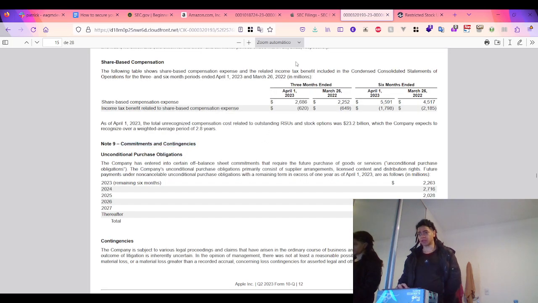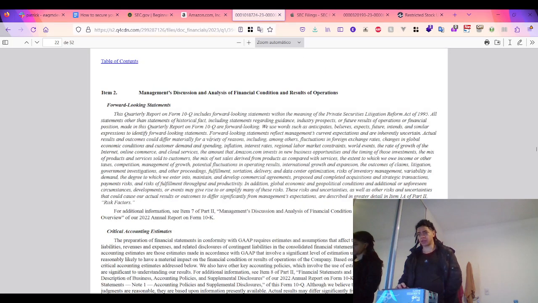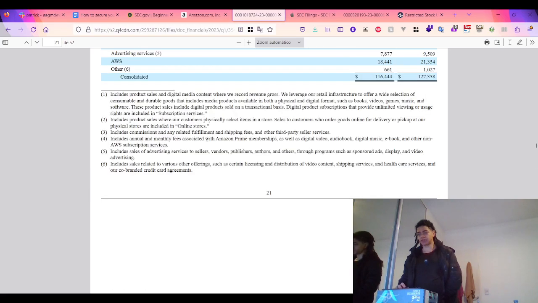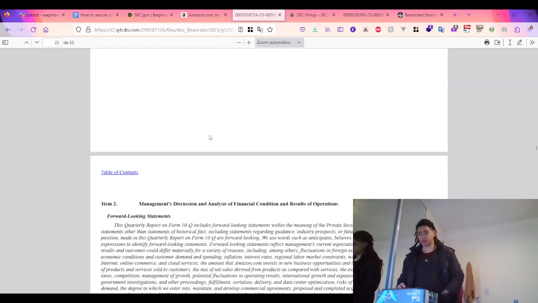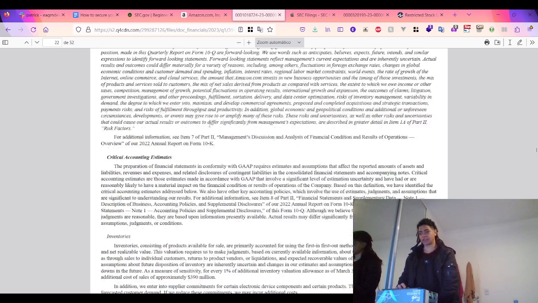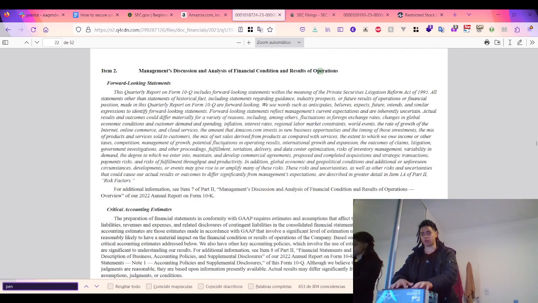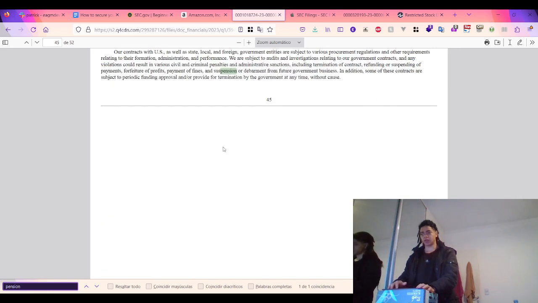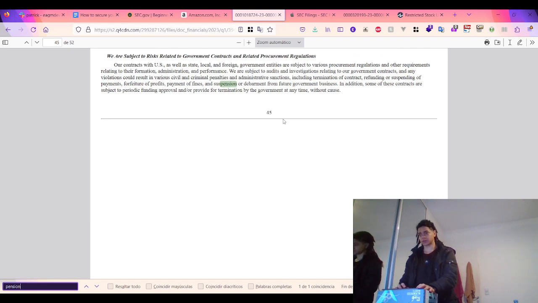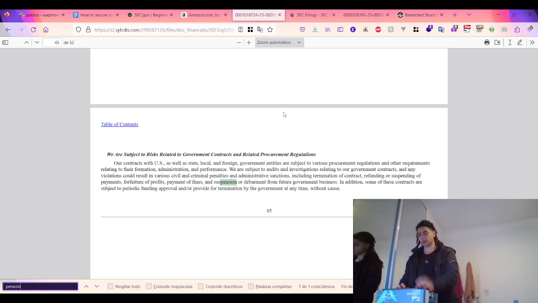All right. So the point here is that I don't see right now anything discussing pensions and post-retirement programs. And when I try to look for the word pension, they don't even have pension. They talk about suspension, but they don't talk about pension or any post-retirement program.